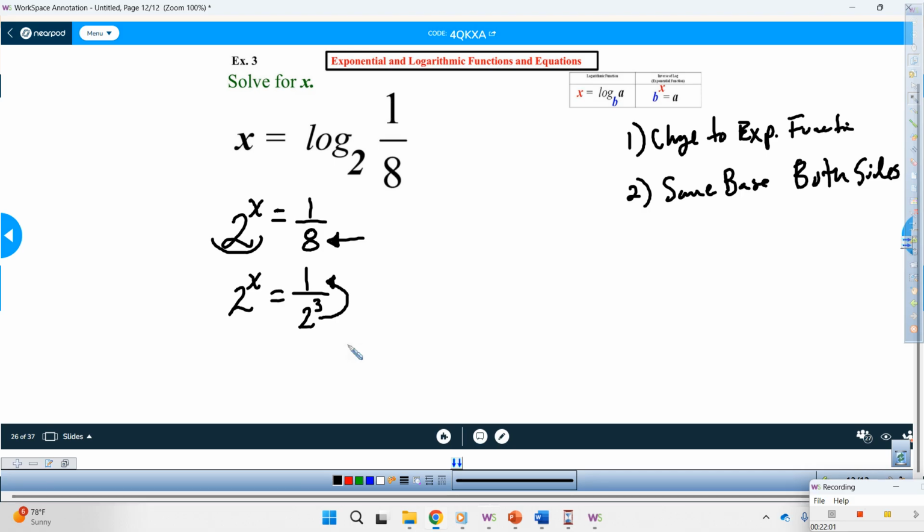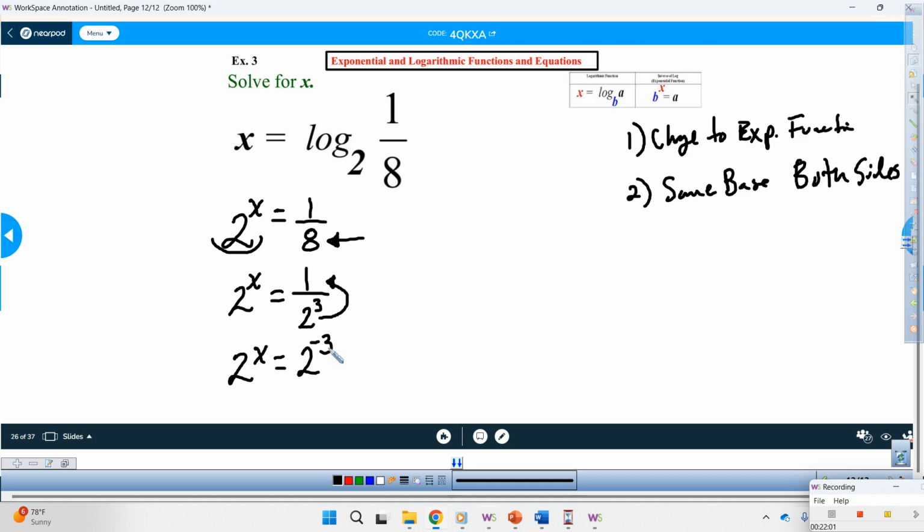Oh man, I can feel all that power in your brain. Caesar. The 1 would disappear, and what would happen to the 3? That is correct. The 1 disappears, and the 3 becomes a negative. So we end up with 2 to the x equals 2 to the negative 3. Write that down, please.